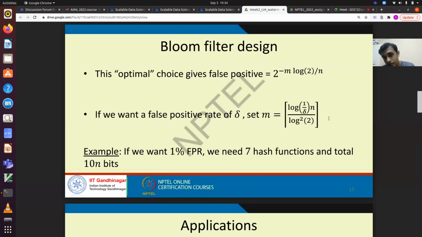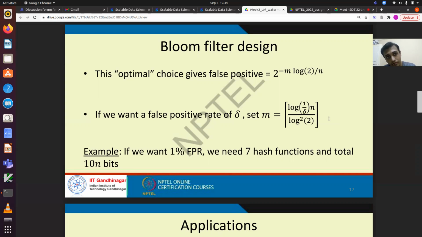When you increase the number of hash functions from 1 onwards, at some point there are more collisions, but because of the AND that we are doing at the end, the effect of more collisions is also nullified. So there's a particular peak somewhere, and then it again increases. It's basically decreasing, reaches a peak, and then starts to increase.